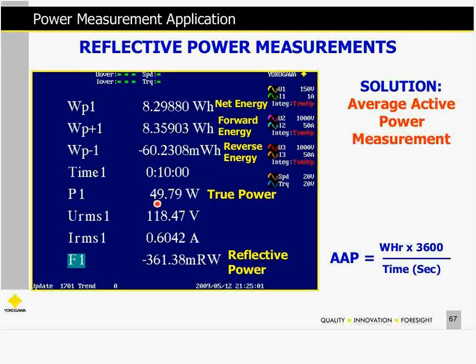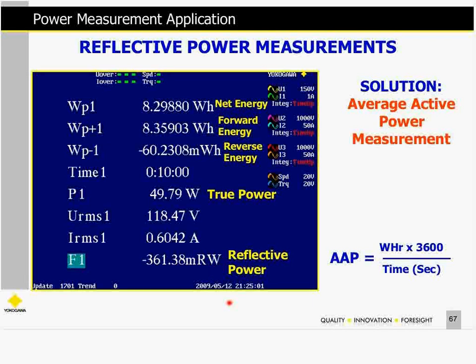Here's our true power. I ran the integrator for 10 minutes in this example. Then we break out just the time value and come up with what we call the reflective power. This is power being kicked back out on the line. In this case it's reverse flow, 361 milli reflective watts is what I called that.